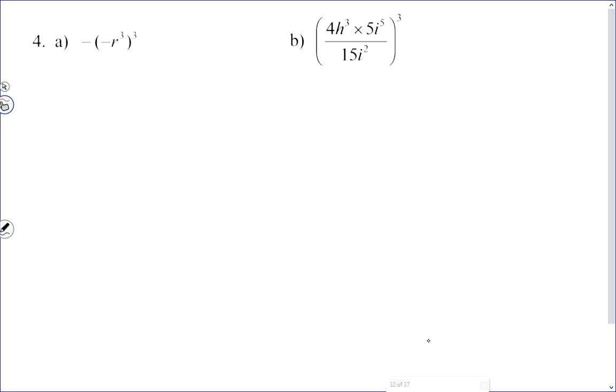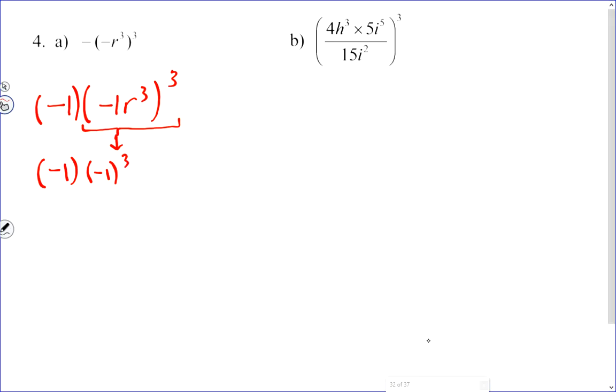Part A is tricky. Let's put some 1s in with those negatives. This is negative 1, and then we have in brackets negative 1r cubed, cubed. So all I've done is I've squeaked a 1 after each of those negative symbols. So what this is, negative 1, this negative 1, times this expression, but this expression is equal to negative 1 to the 3 times r cubed to the 3.